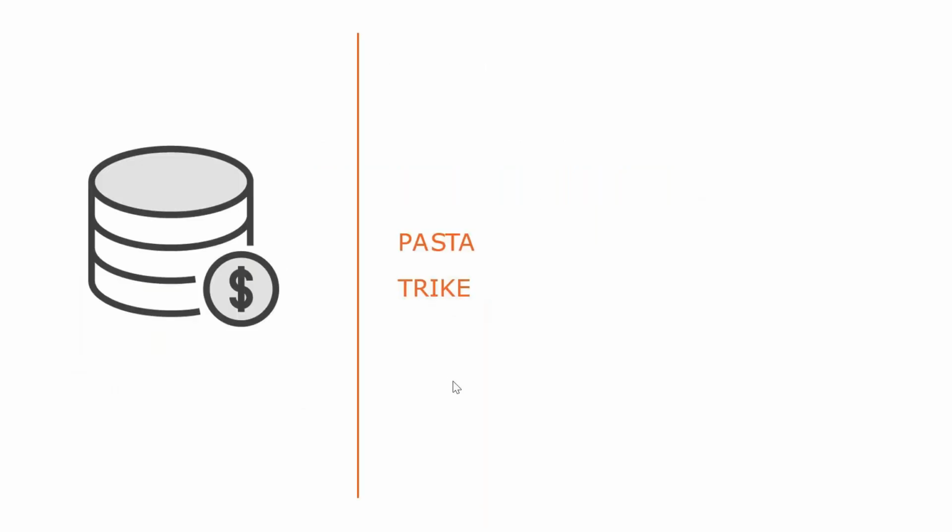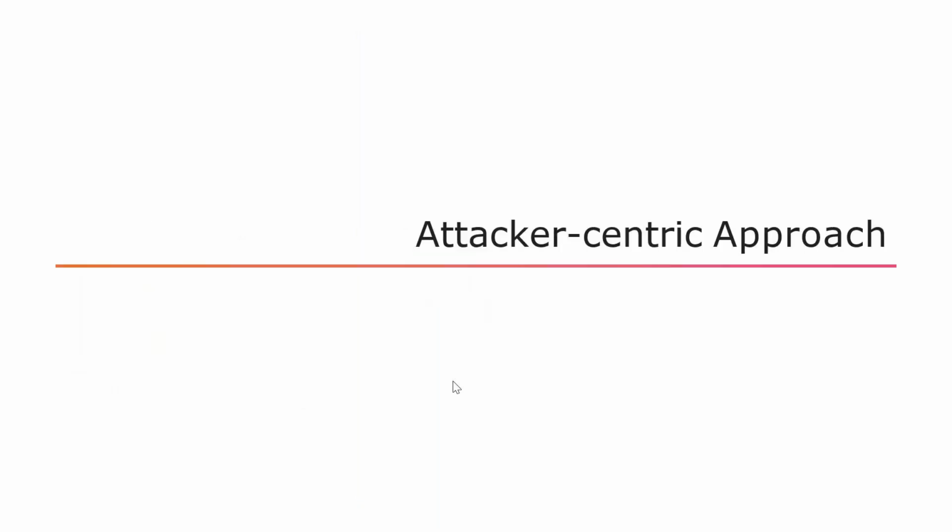Now someone will ask you, if you want to use the asset-centric approach, what methodology will you follow? Then you can say, we should use PASTA. You can use Trike. These are the two methodologies that are very popular for the asset-centric approach. Please remember that.